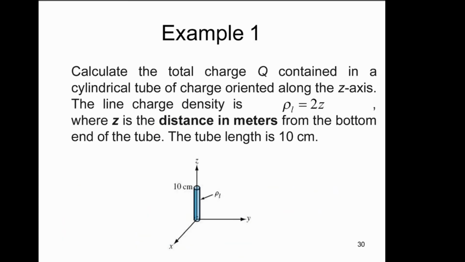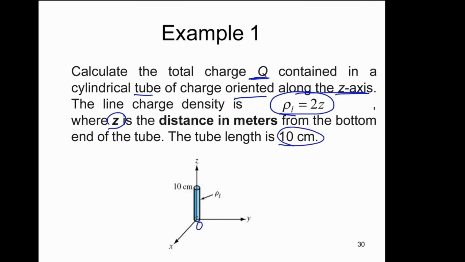Example: calculate the total charge Q contained in a cylindrical tube of charge oriented along Z axis. The line charge density is rho L equal to 2Z, where Z is the distance in meter from bottom end of tube. The tube length is 10 centimeter.